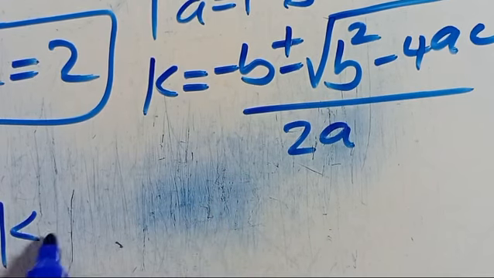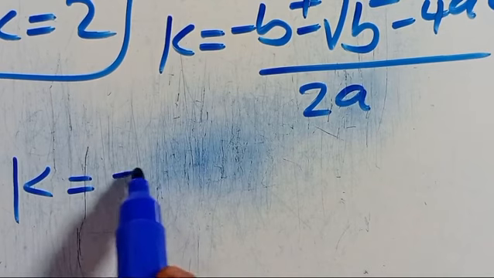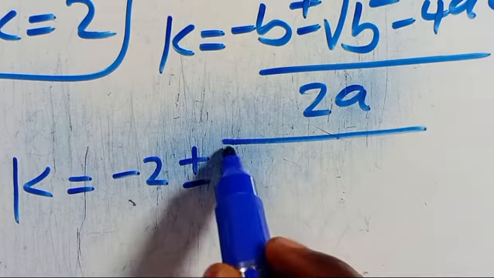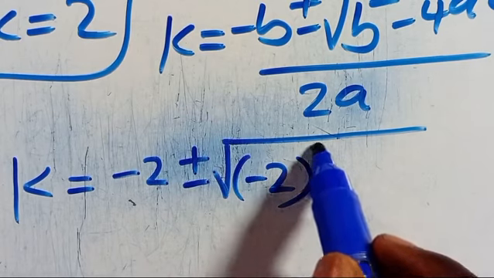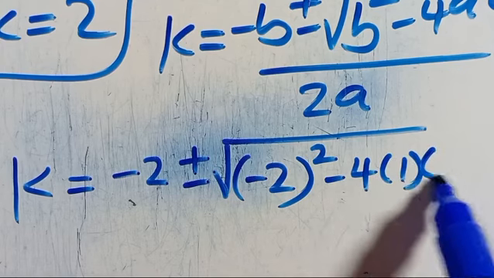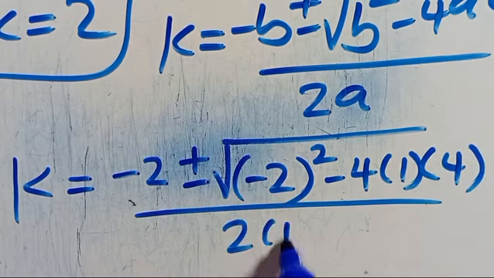So we have k equals minus 2, positive or negative, root of 2 in parentheses, to the power of 2, minus 4 times a, which is 1, times c, which is 4, divided by 2 times 1.